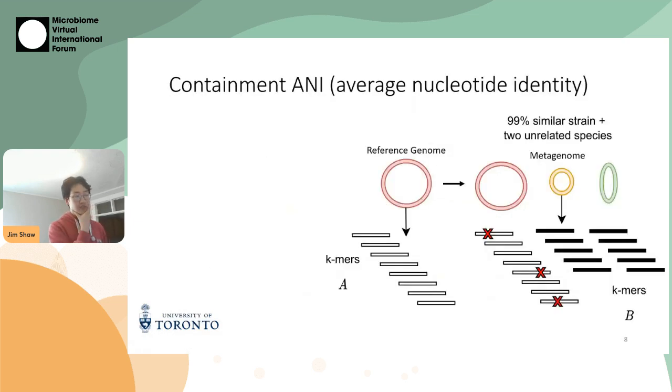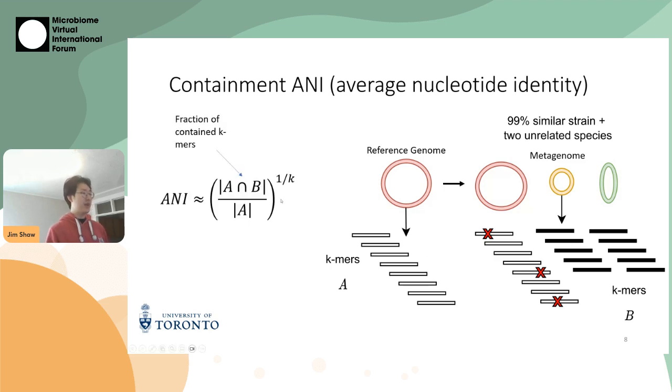What we do specifically is use this notion of containment for average nucleotide identity, or ANI. You might have heard of ANI before in the context of comparing two genomes, but what I want to do is compare a genome to a metagenome. In this little graphic here, I have a reference genome and I have a similar genome in my metagenome, as well as some unrelated species. The k-mers are slightly different because the genomes are different.